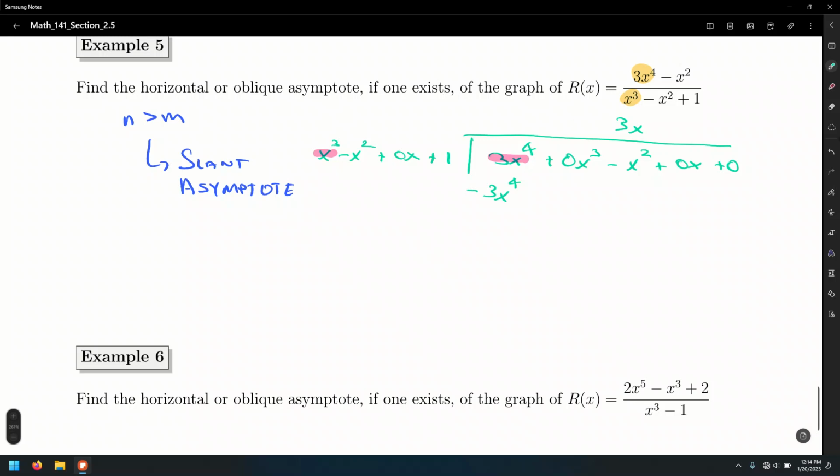For example, positive times positive, it's positive, but we need to change the sign. So I'm going to change it to negative so we can cancel out. 3x times negative x squared, that's negative 3x cubed, but we need to change that to the opposite sign, which is positive, and then 3x times 0x, that's 0x squared, and 3x times 1, that's 3x. Positive times positive is positive, change that to a negative.